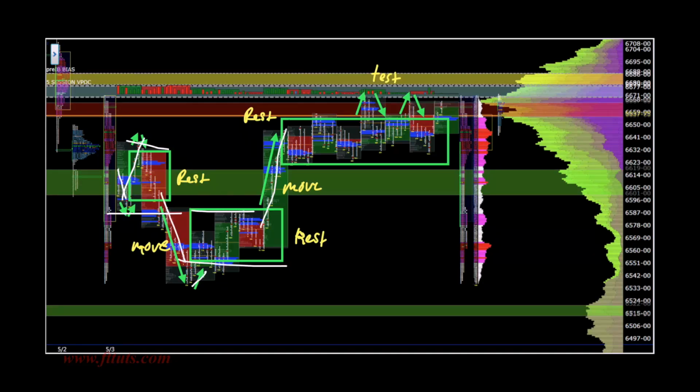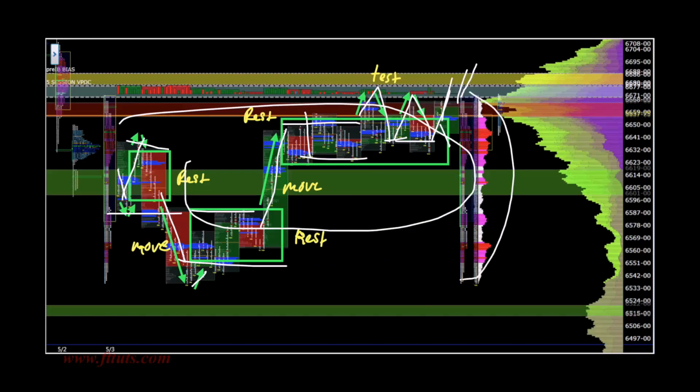Then there's a new move, counter activity shuts it off, there's a range. Attempts higher, that's a test, back to the middle. Attempts higher again, that's a test, attempts higher again. Maybe that's a new opportunity. If it is, they're going to keep going or they'll rotate back in. But that all happens within the one day.